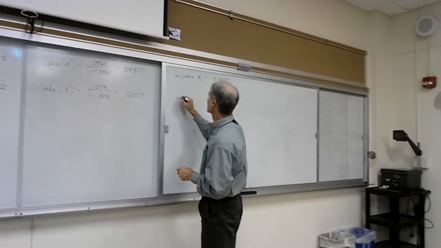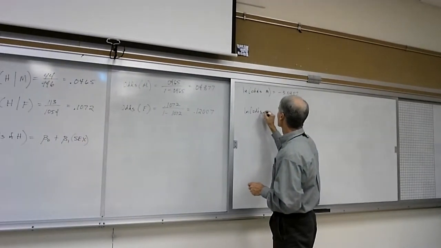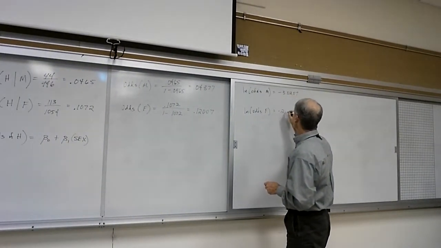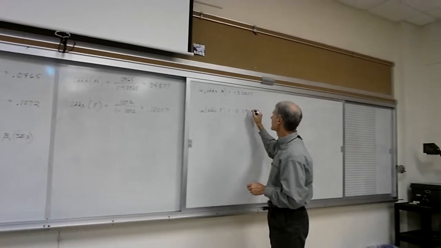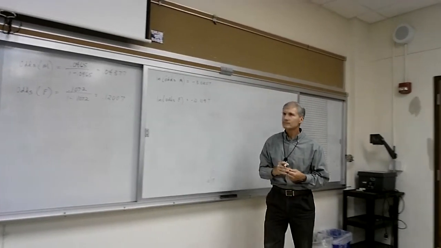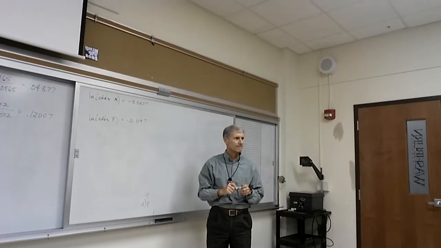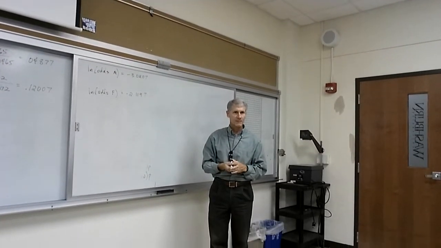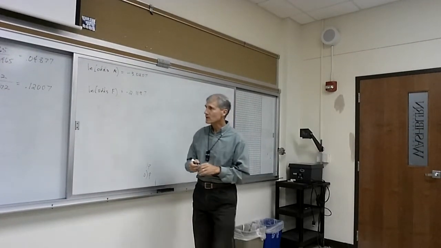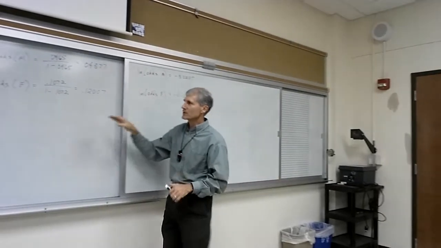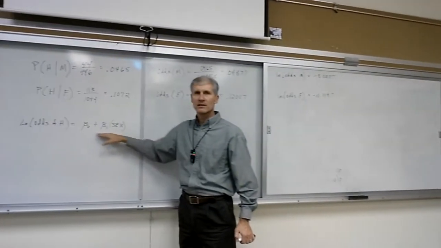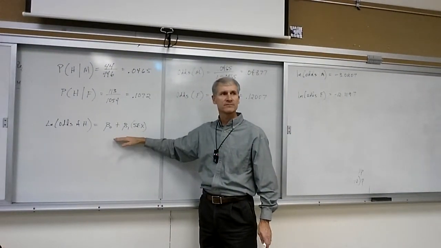And the log odds for females? It's negative 2.1197. Okay, everybody getting that? Well, now I need to figure out what these betas would be to give me those values.